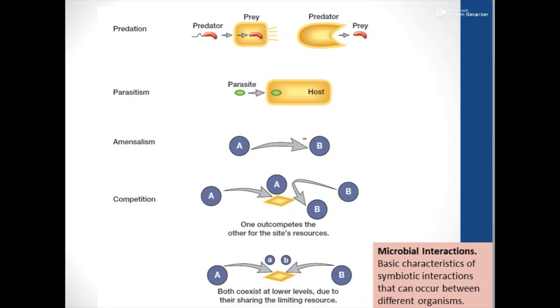So, just like a lion killing a deer, the predator will prey on a particular host, and the prey is being killed over here.